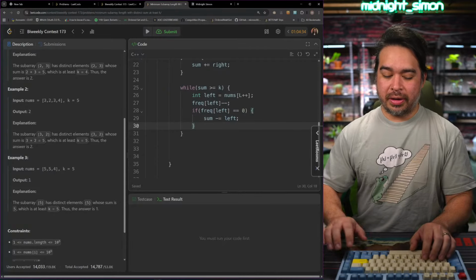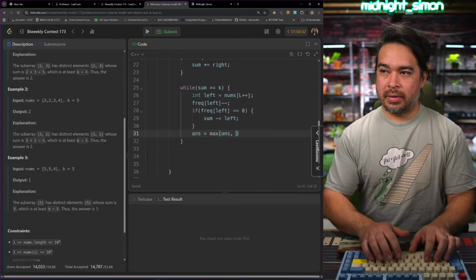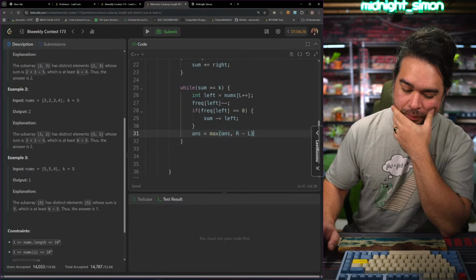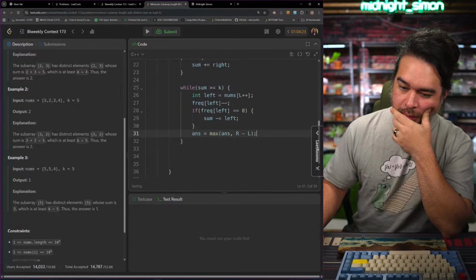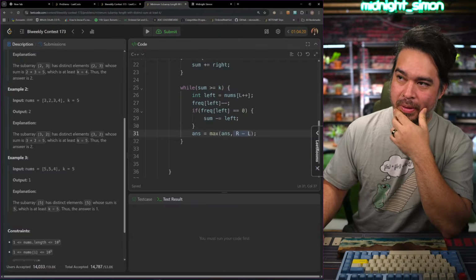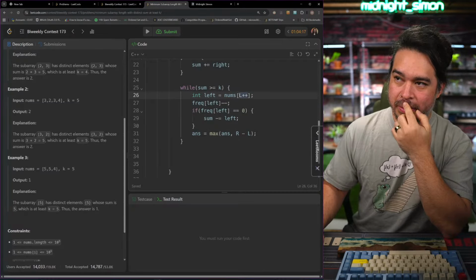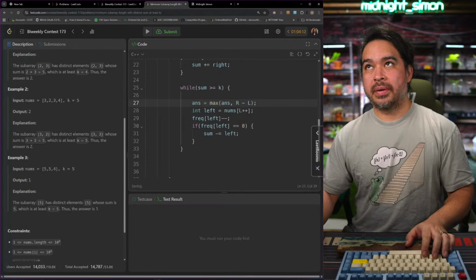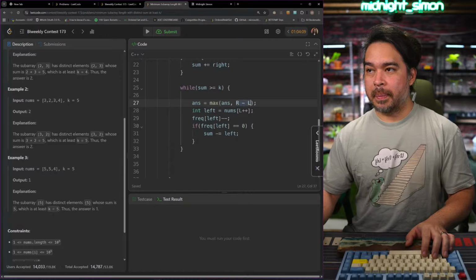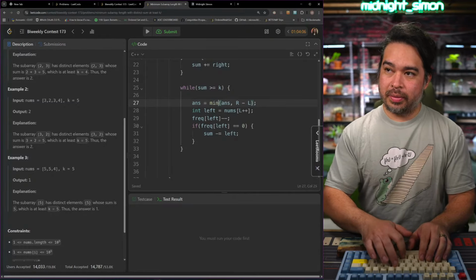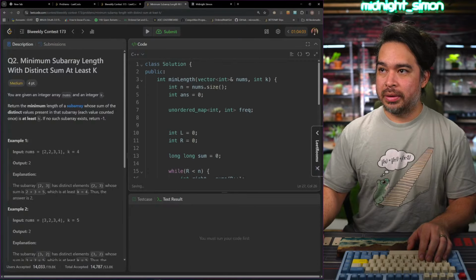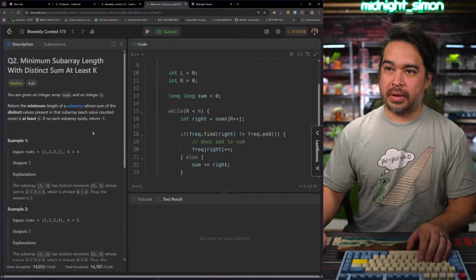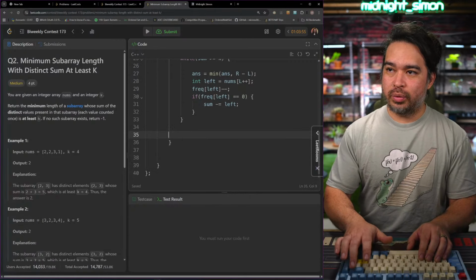I need the length now, so let me think. I don't know if this is plus, do I need to +1 here? Maybe I should just do it like that. No, we want the min, right? Want the minimum window. But then if no such sum exists, return -1.